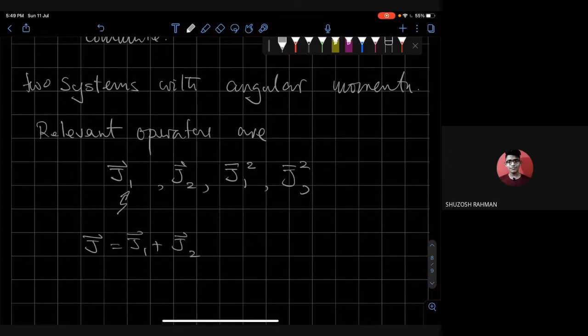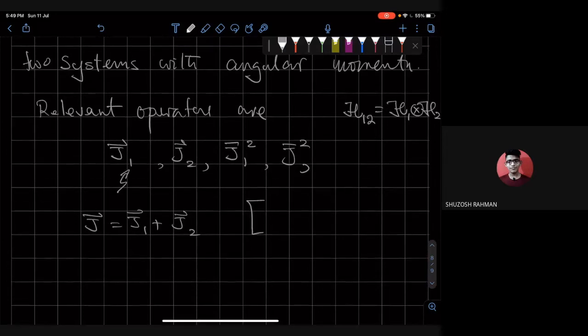So what this really means is that because we now have a vector space of two particles, H1,2, which is H1 cross H2, what this really means when we write something like this is that J1 is J1 acting on the first vector space times the identity operator acting on the second one, okay?